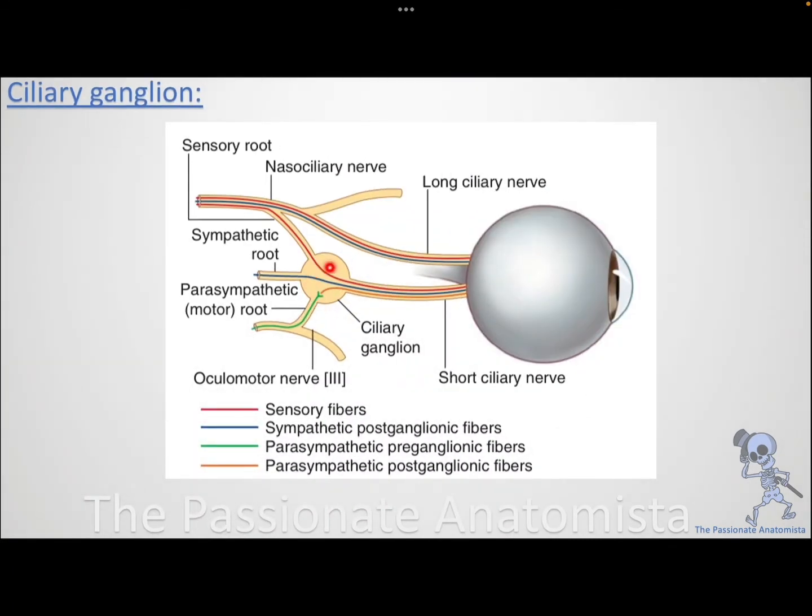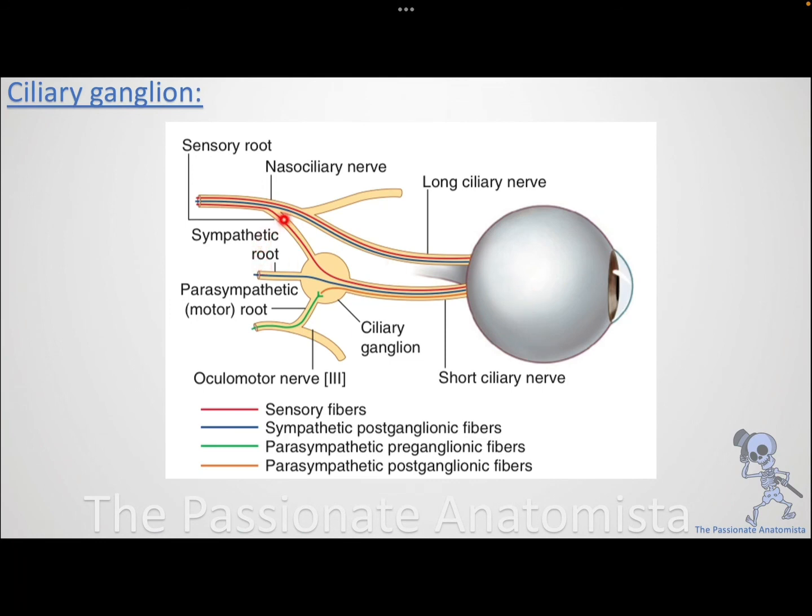Remember when I told you that the parasympathetic innervation goes through the short ciliary nerve. So you get the information from the Edinger-Westphal nucleus, from the oculomotor nerve, from the brainstem, and it synapses here with the postsynaptic neurons, and after it relays in the ciliary ganglion, it goes by the short ciliary nerve to your sphincter pupillae and ciliary muscle.